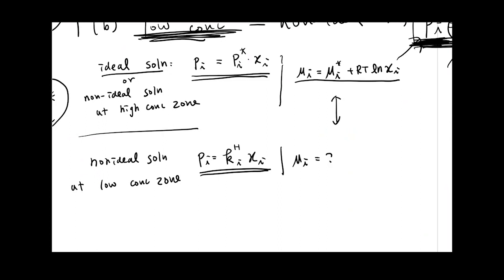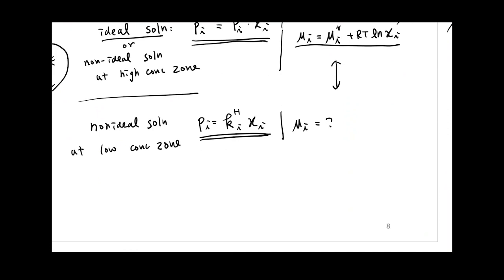To derive this, we start again from the concept of equilibrium. Regardless of whether you are an ideal or non-ideal solution, when you are at equilibrium, you can always write that your mu in the liquid form is equal to your mu in the gas form.